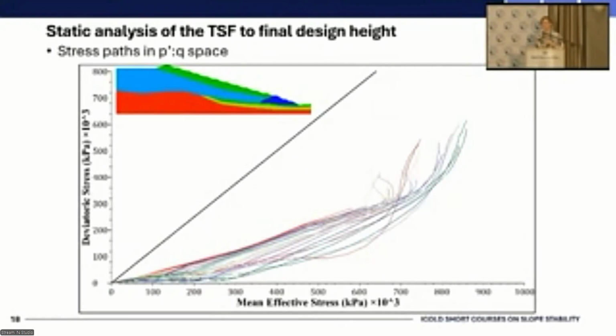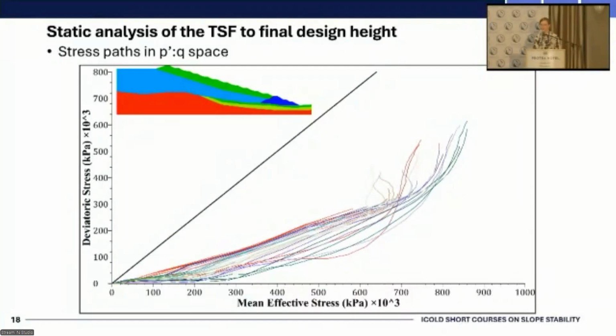So you get this vertical movement upwards where mean effective stress isn't increasing, but the deviatoric stress is. So those are potentially the least stable or less stable stress paths, and that would be an area to look at more closely.